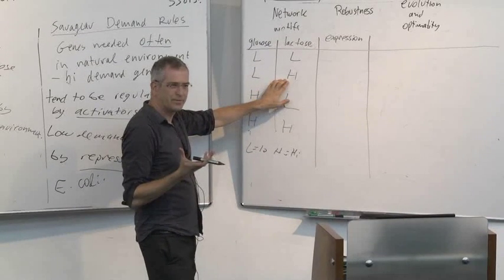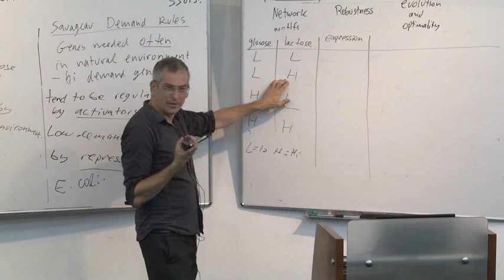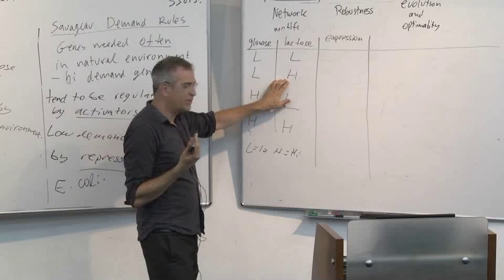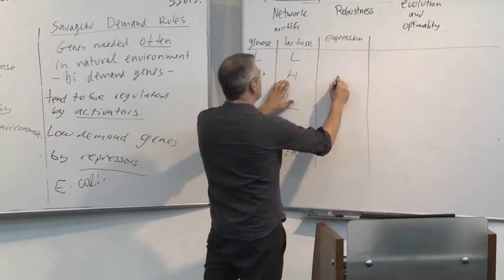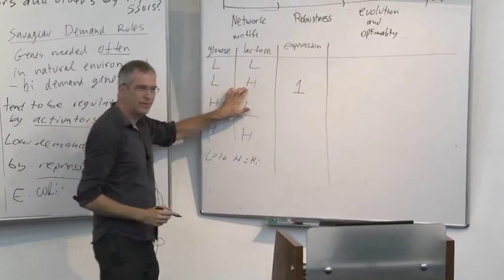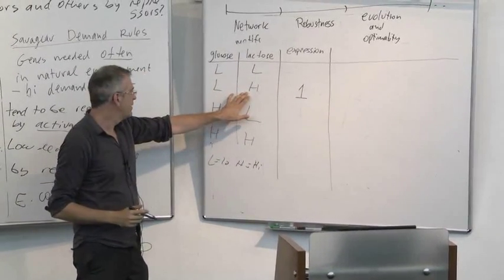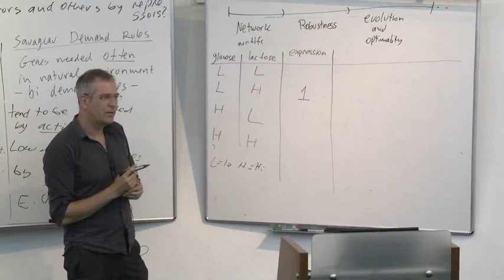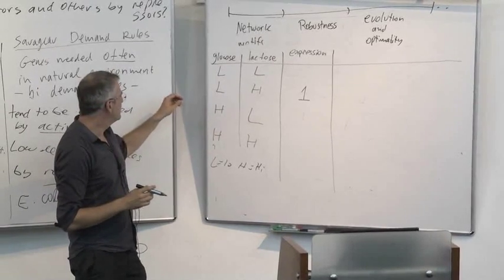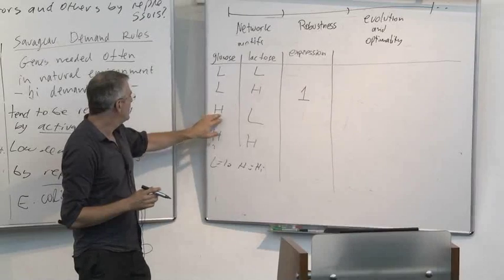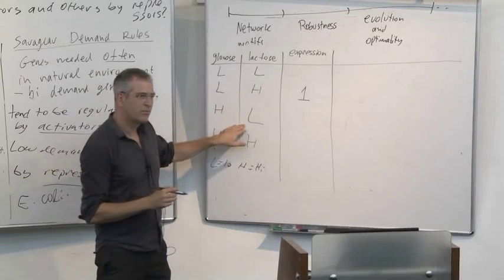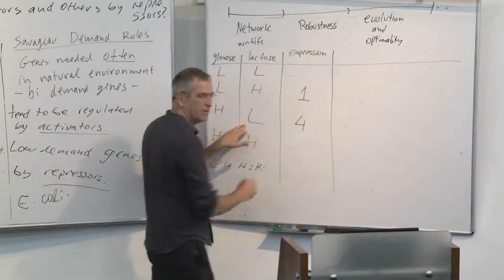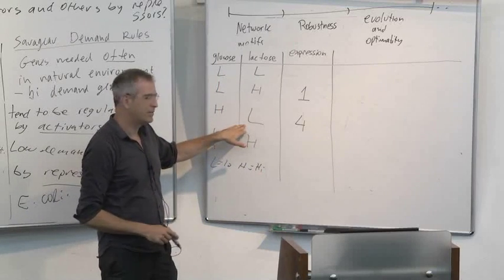That's when it's designed to make the most. We'll call this expression level 1, the highest. When does it make the lowest expression level? It's most repressed when there's glucose and no lactose. That's expression level 4, the lowest.